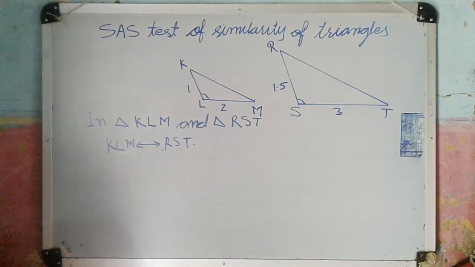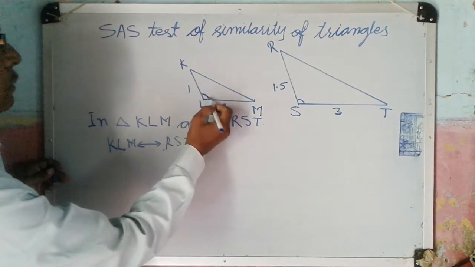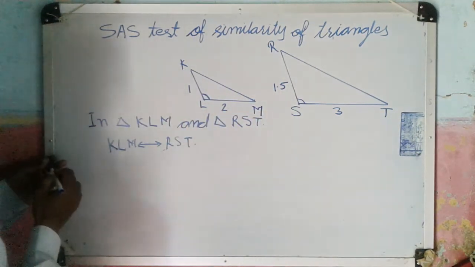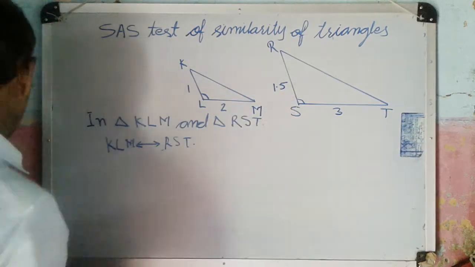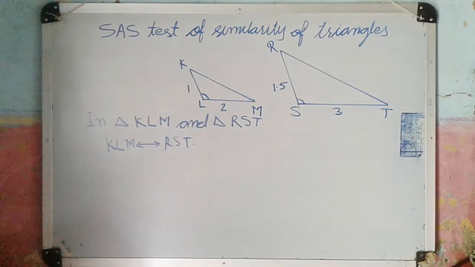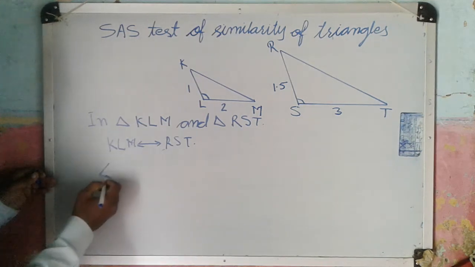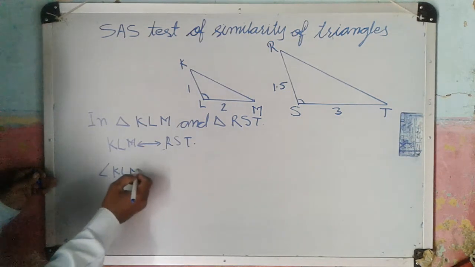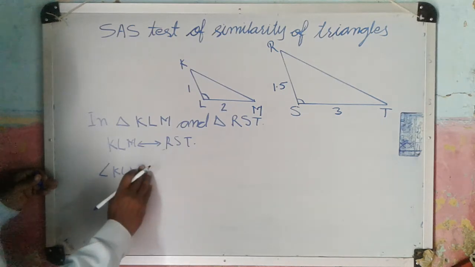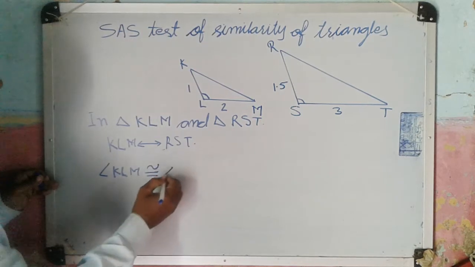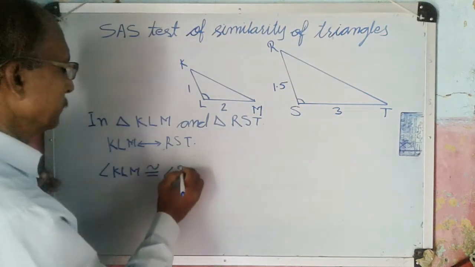In the figure, these identical marks indicate that these two angles are congruent. That means angle KLM is congruent to angle RST.